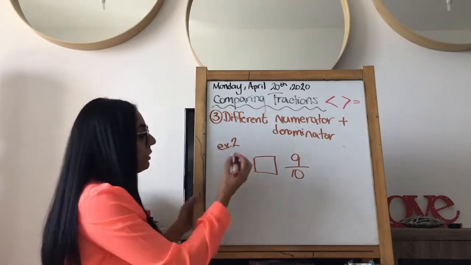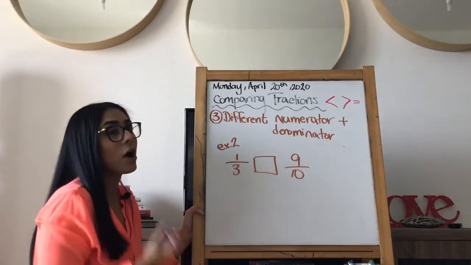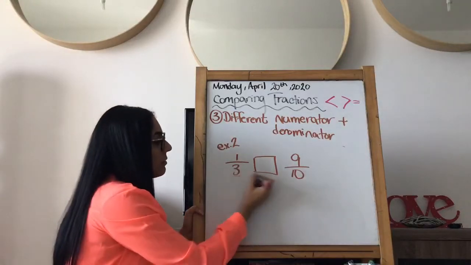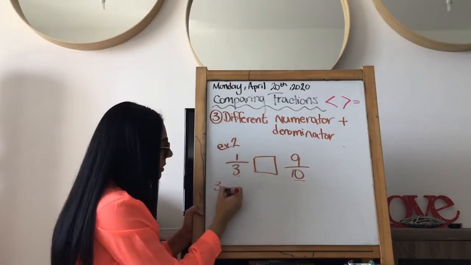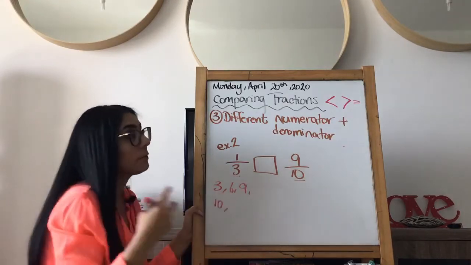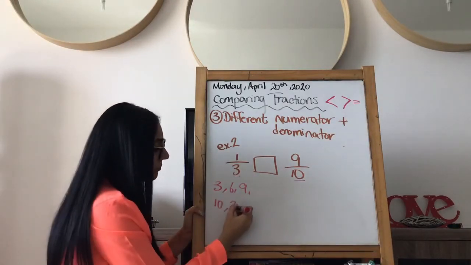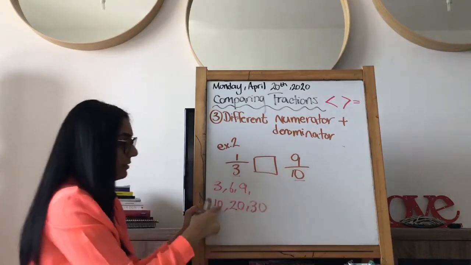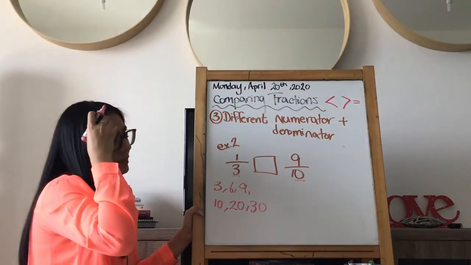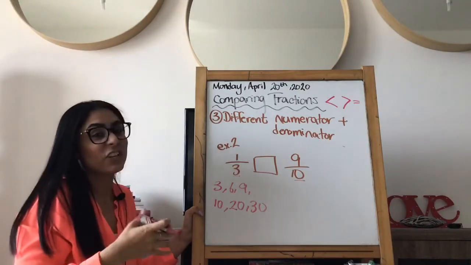Now, I have to first do the LCM of my denominators, not my numerators. Remember that, my denominators. So I've got my 3, and then I have 10. 3, 6, 9, and probably you're thinking, well, Miss Mavish, I know what the LCM is going to be, right? Sometimes just click in your application skills, your common sense.